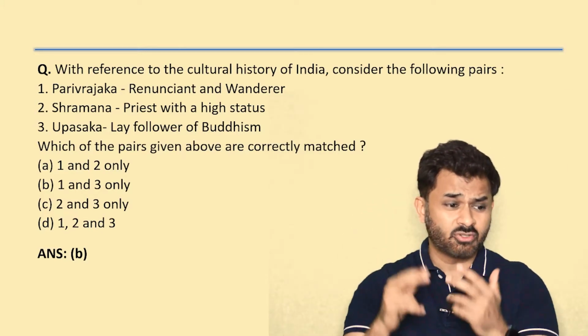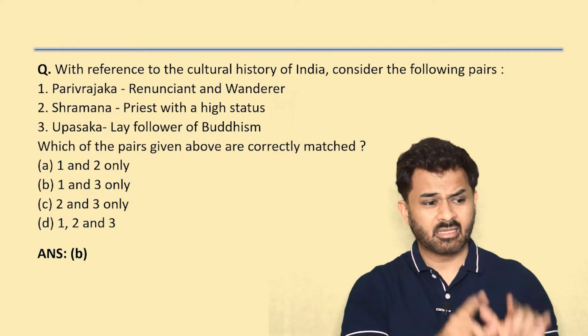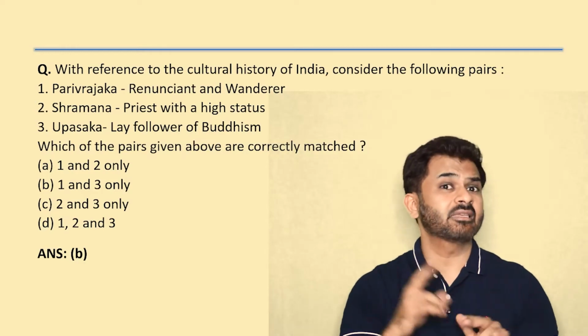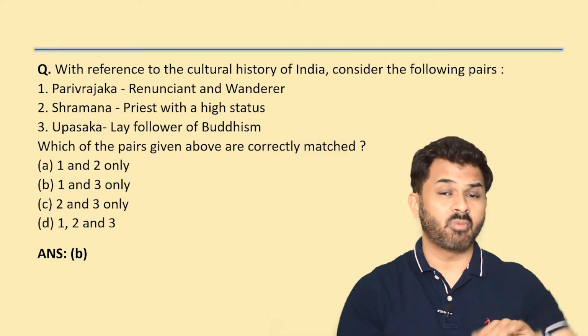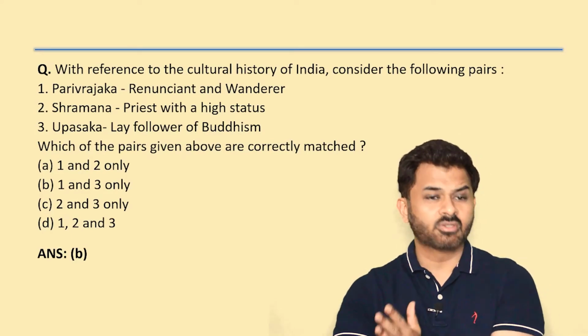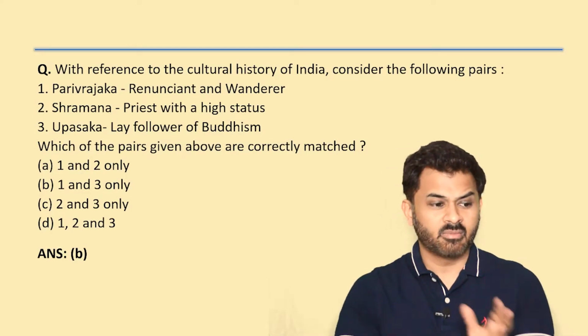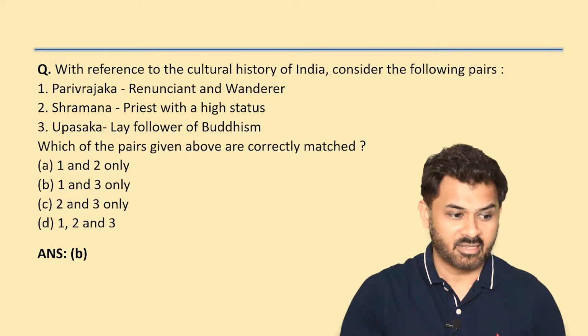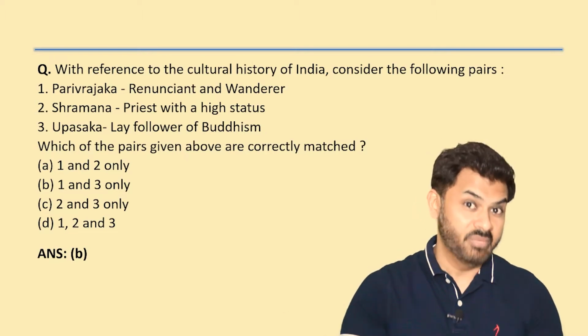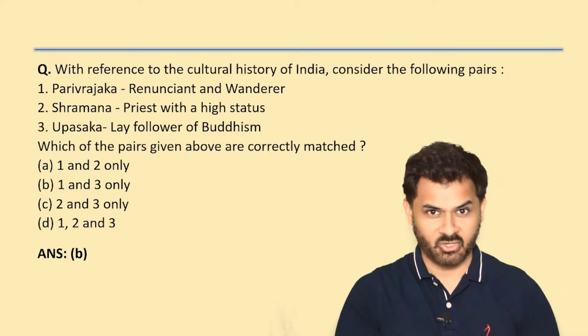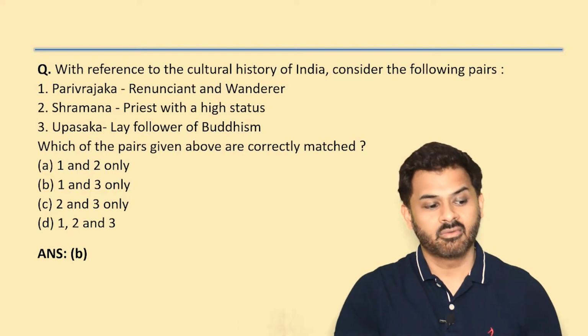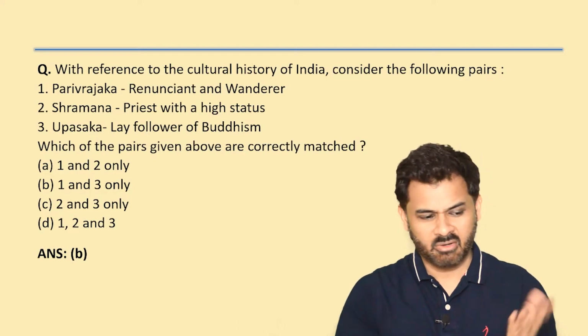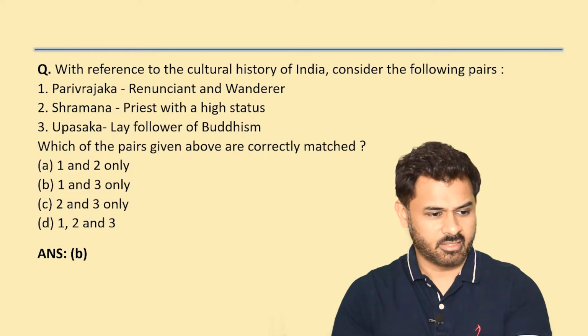Usually priests do conduct some shram, but the second statement is a little less likely to be possible. The third one, upasak, is definitely closer in meaning to follower. So from that itself you can understand that the answer is more likely to be B in this case. Even if it is not a sure shot, you can go for that choice.